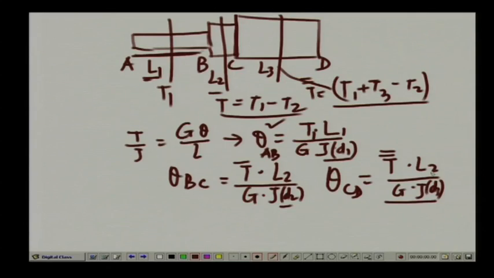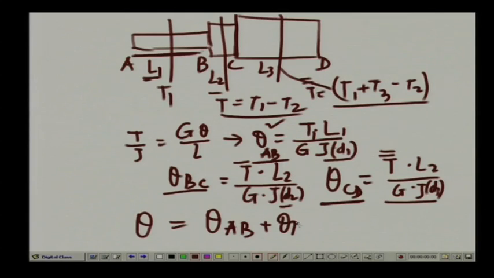Now, once we compute these 3 thetas, theta AB, theta BC and theta CD, the final theta will be the sum of these with appropriate sign: theta AB plus theta BC plus theta CD. When I say appropriate sign, it means that if the twisting moment is in a positive direction, it is causing a positive rotation, and if the twisting moment is in the negative direction, it is causing a negative rotation.